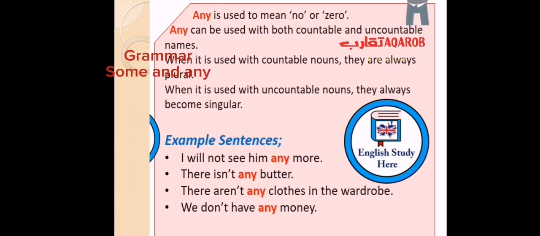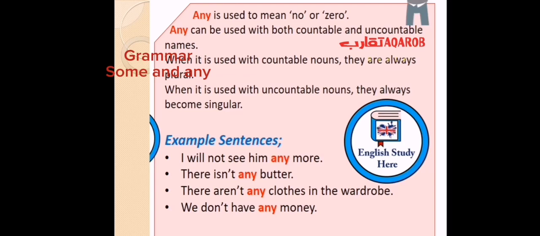But when we use it with uncountable nouns, the uncountable nouns are always singular. Look at the second sentence: there isn't any butter, or there isn't any sugar.